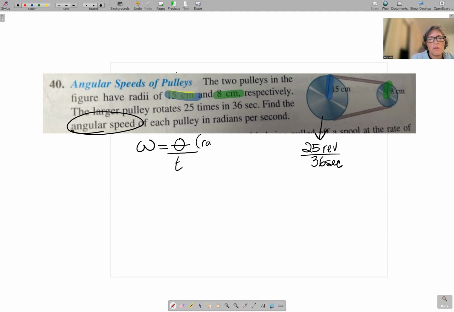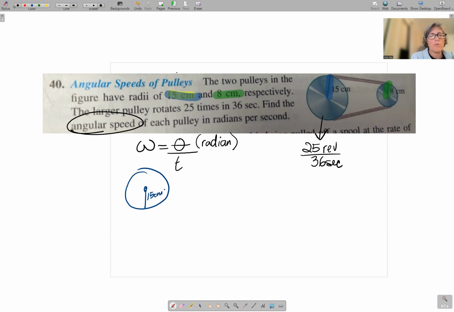Theta, of course, is radians. So first we're going to find the angular speed of the larger one. So the larger one here is at 15 cm.